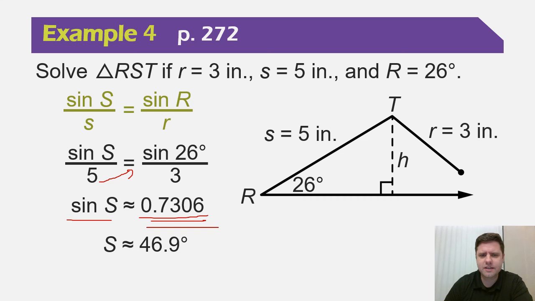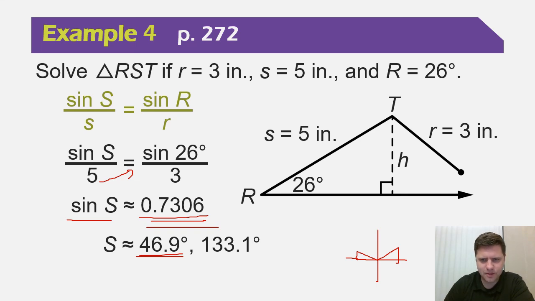Remember, I told you this is a case in which we have 2 potential triangles. So we have to figure out what's the other triangle that can be formed from this. Well, if you remember from doing our radian unit circle, all we have to do is take this 46.9, and remember, for sine, it would be this triangle or this triangle over here.